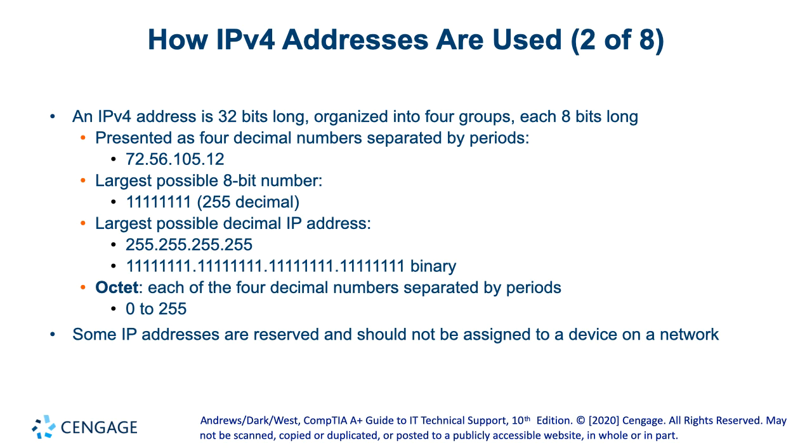Each of those numbers has 8 binary digits, the 8 zeros and ones, such that they equal the decimal number 72, 56, 105 or 12. And once again, they can range between 0 and 255 for IPv4 addresses.